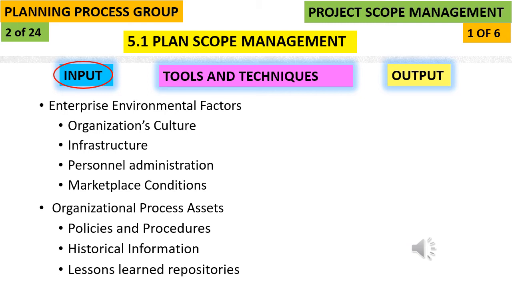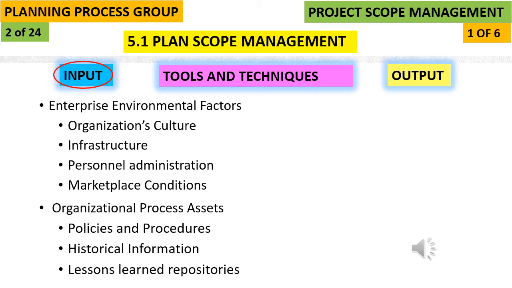And marketplace conditions. Each industry, each domain will have some specialization or uniqueness which we need to consider while planning to manage the scope. If you want a short duration project where you need to develop a product, then how you define the scope will matter most, and your scope management will have an impact on your project success or product success in the market.